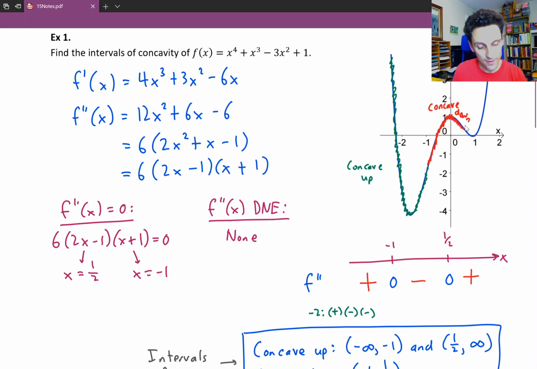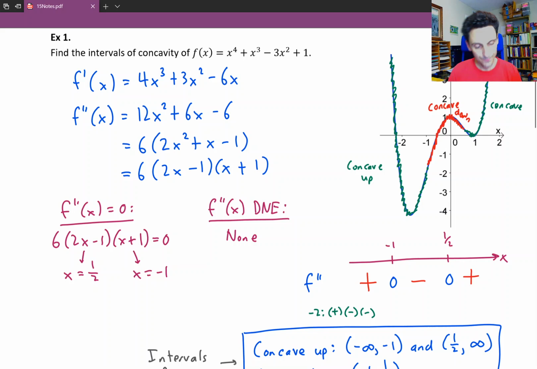That's what it's going to look like when you have the second derivative negative. And then from 1/2 to infinity, the graph is concave up. Notice that it's part of a cup again. Concave up. So that matches exactly what we're seeing.